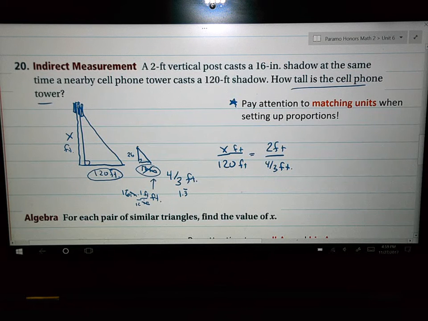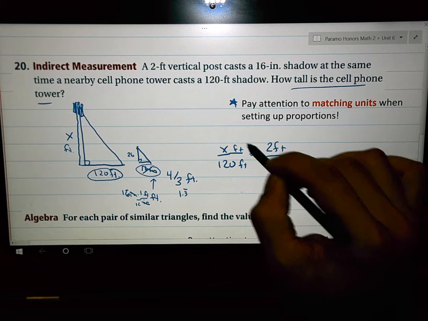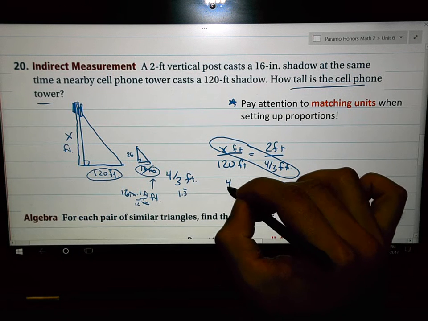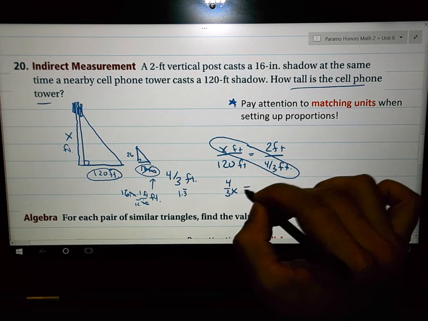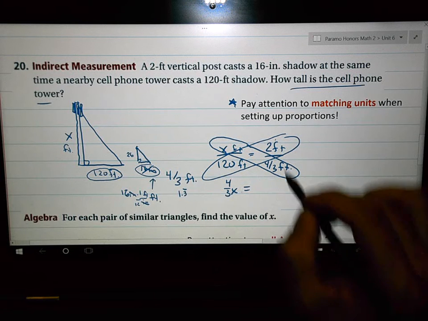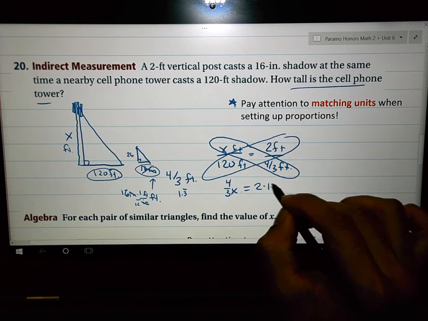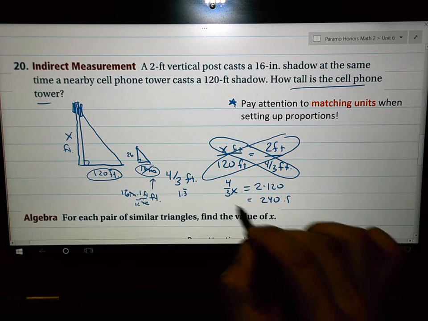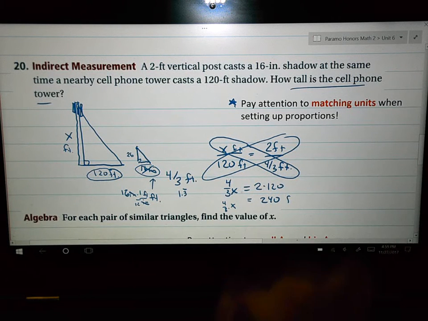It's up to you. But what you do from here is you're going to multiply the diagonals. 4/3 x equals the product of the other one, 2 times 120. I'm getting 240 there. And 4/3 x.